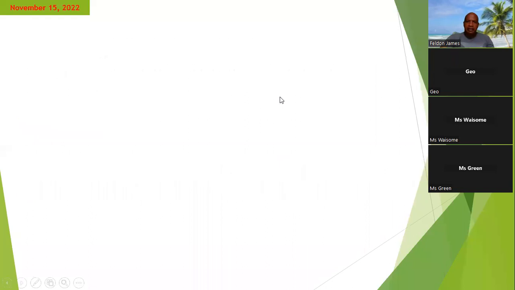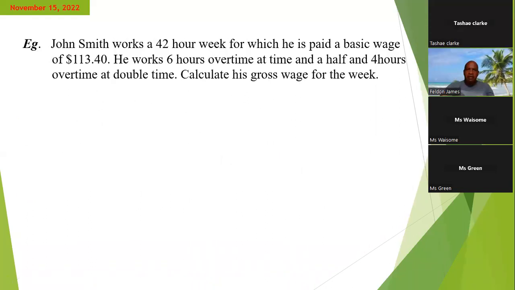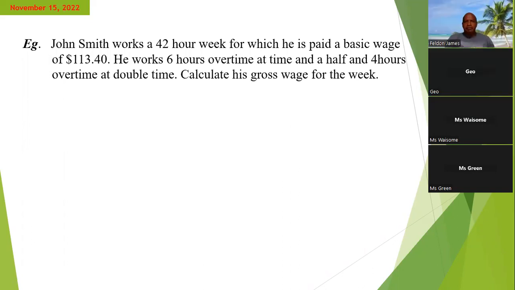All right. Now here we have a question. Knowing how to calculate the overtime rate and your basic rate, you're going to now attempt this question. It says John Smith works 42 hours a week, for which he is paid a basic wage of $113.40.